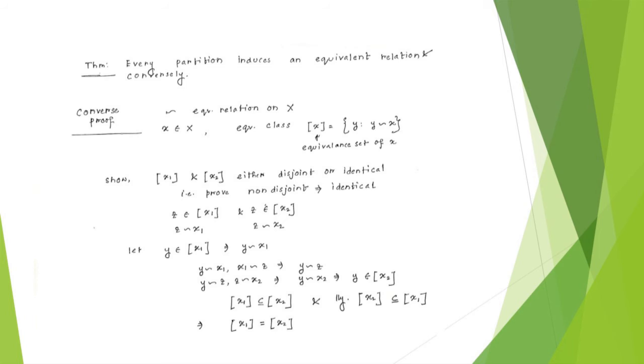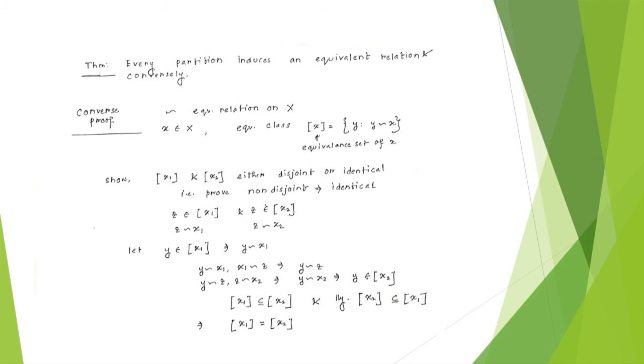So by symmetry we can also say that x1 ~ z. Now let y be any element of the equivalence class x1, so that y ~ x1.